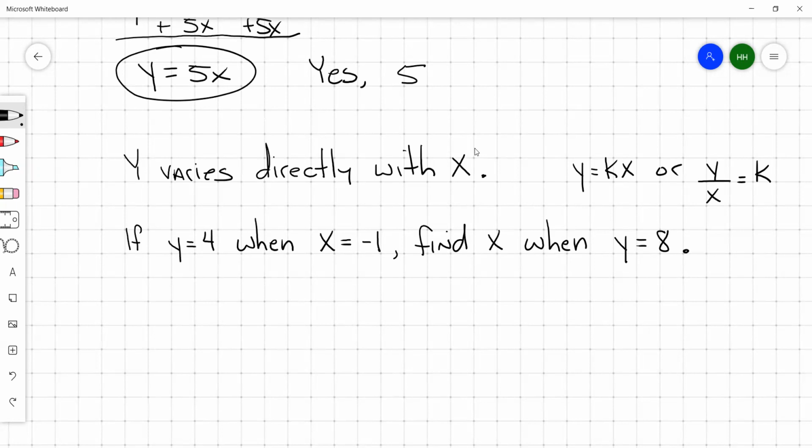We're going to use the template y over x equals k. If y equals 4 when x equals -1, we can say that 4 over -1, which is y over x, is equal to our other y over x, which is 8 over the x that we're trying to find. Y over x equals y over x.